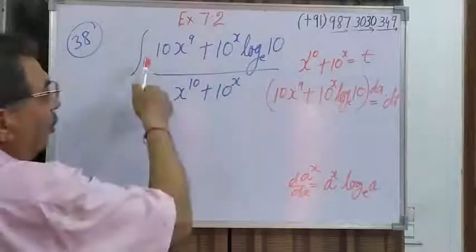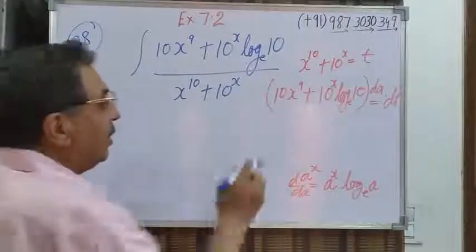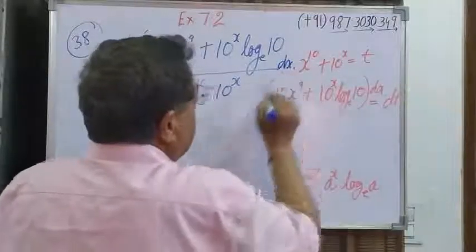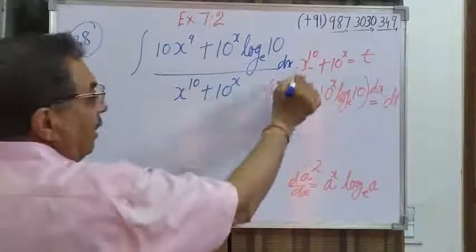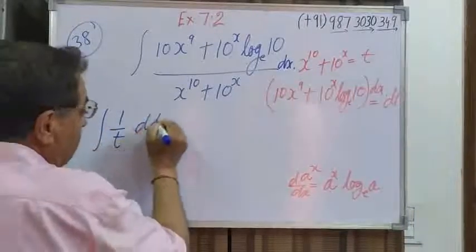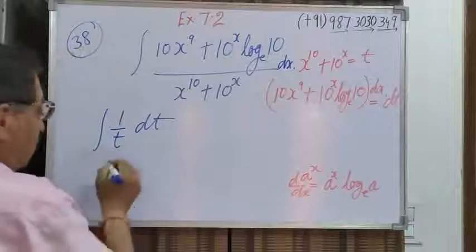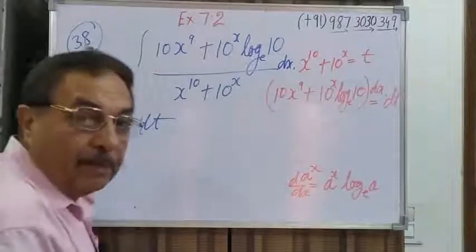So what you observe is that the whole numerator along with the dx becomes dt, and the denominator we have taken as t. So it reduces to 1 by t dt. What is its integration? It would be log of t plus c.